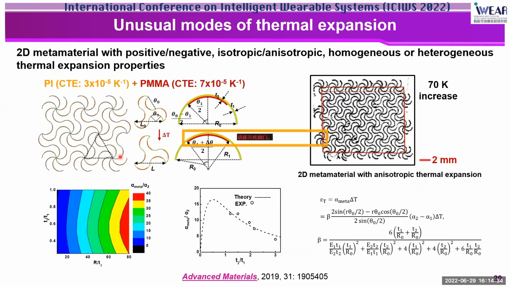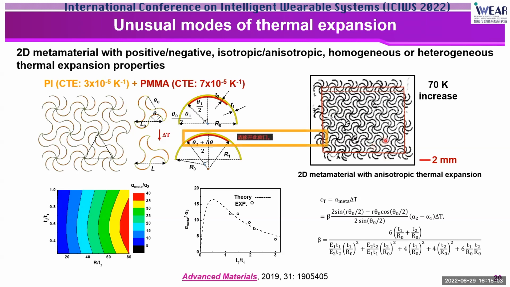So this kind of design concept can be extended further to achieve unusual modes of thermal expansion. Here you need to introduce two materials with a relatively large difference in the coefficient of thermal expansion. So here we can use PI and PMMA, two kinds of polymer material, to serve as the constituent material of the network. Here is an example that offers a unidirectional thermal expansion.